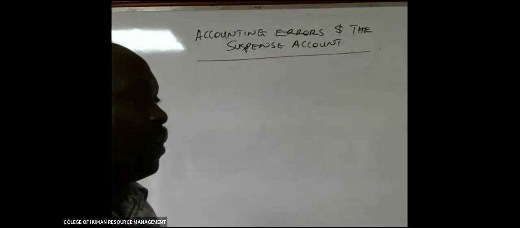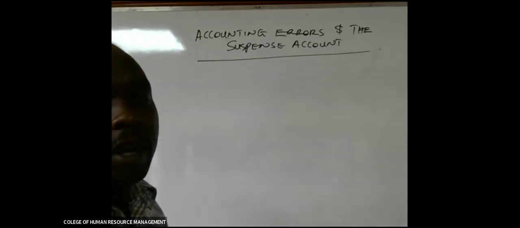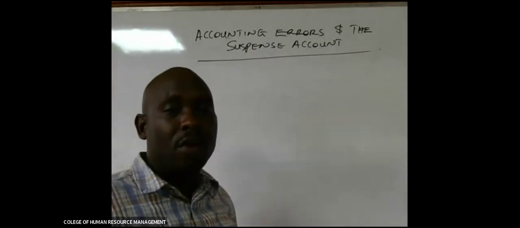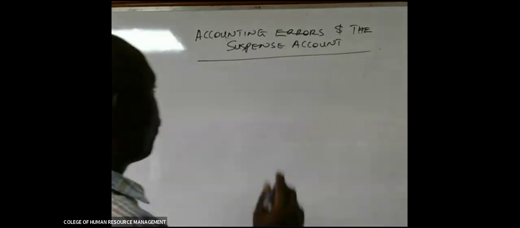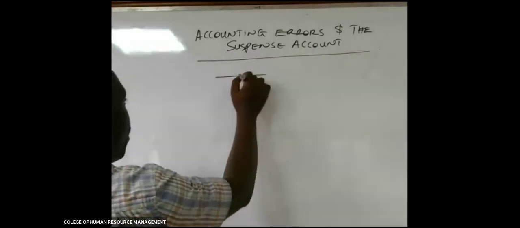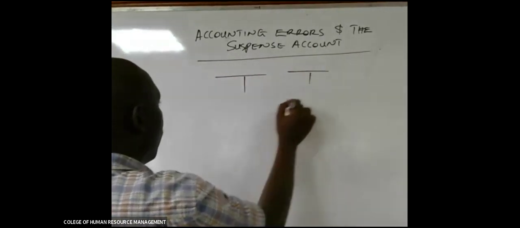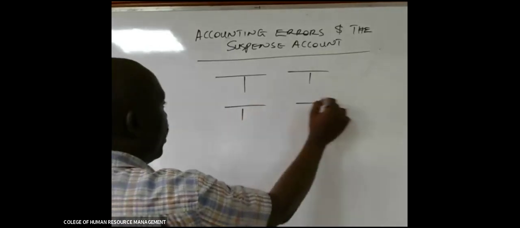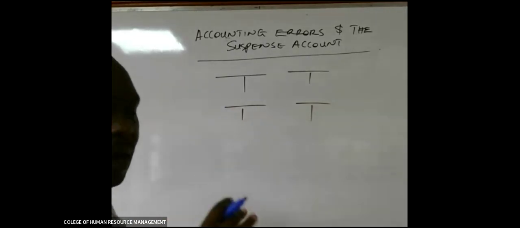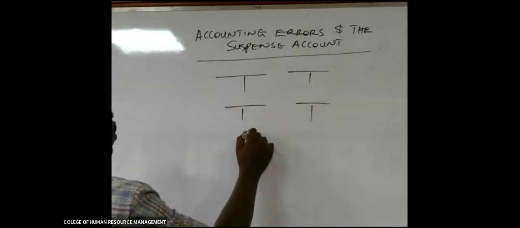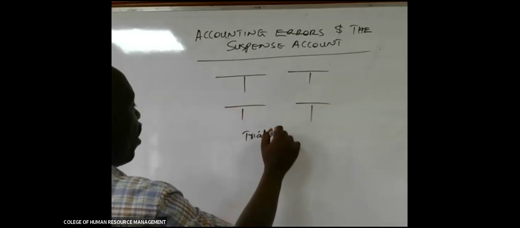What we know is that the balances of the ledger accounts are normally used in preparing a trial balance. If you have done your T accounts, you have balanced them. The balances in these accounts, we normally use in preparing the trial balance.